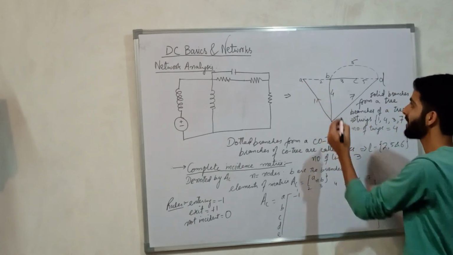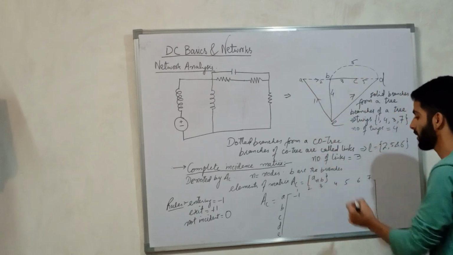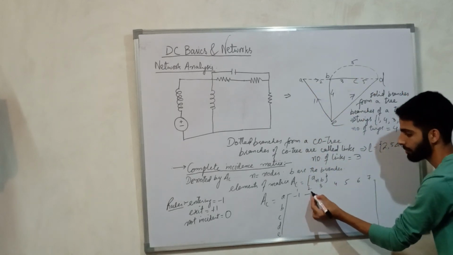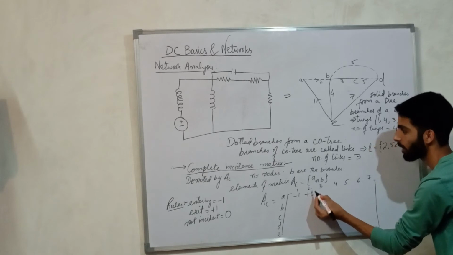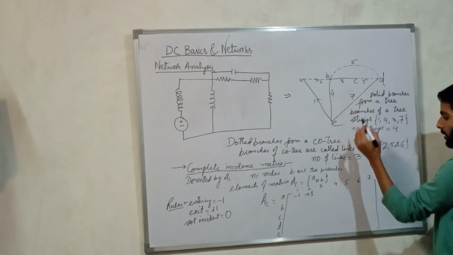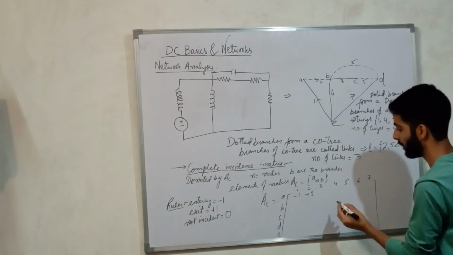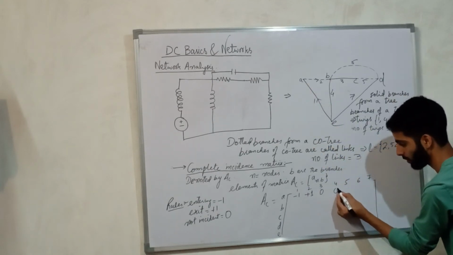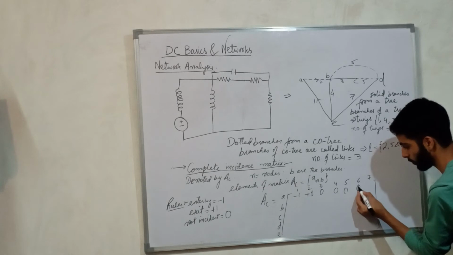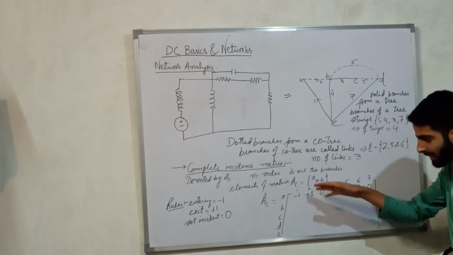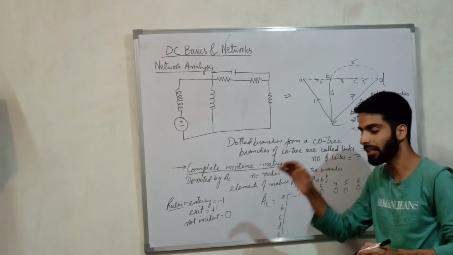Branch 2 is exiting from node A, so we will write +1. Branches 3, 4, 5, 6, 7 have no link with node A, so we will mark zeros. And accordingly we will be filling AC.